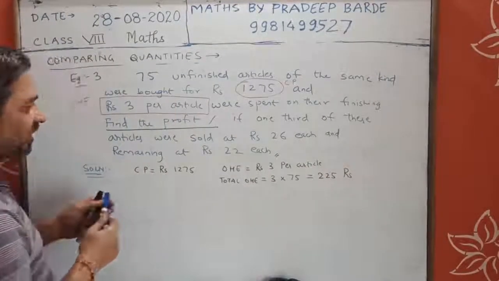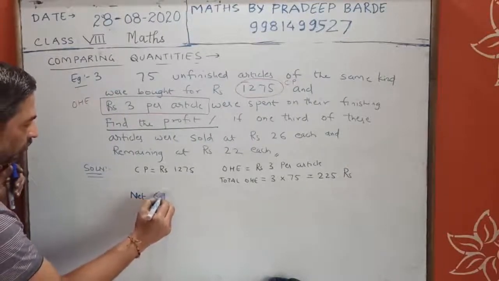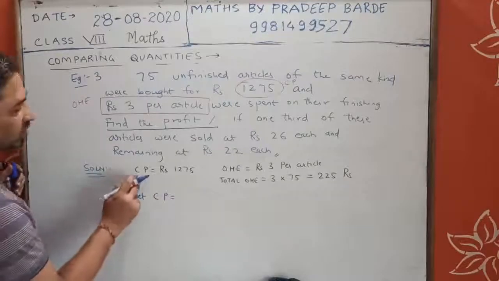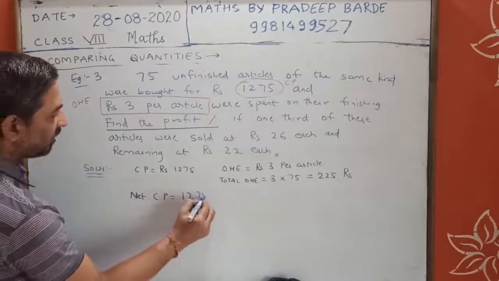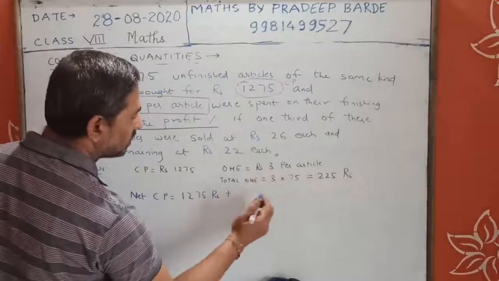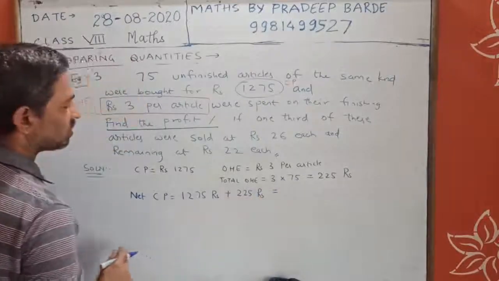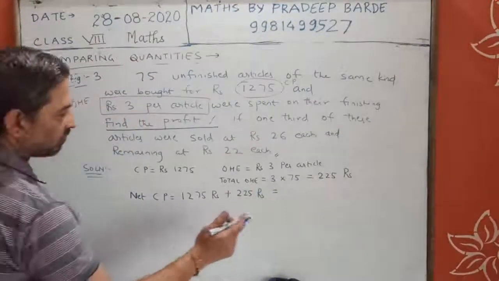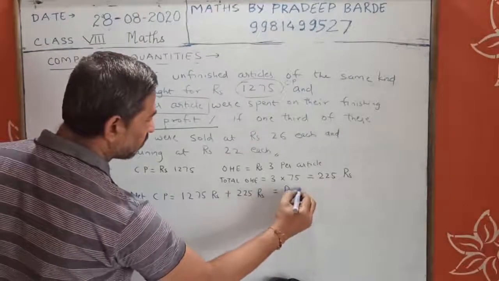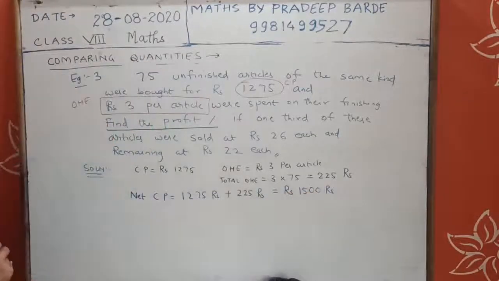So for this, the net cost price will be cost price 1275 plus 225 rupees. So it is 1500 rupees. This is the net cost price.